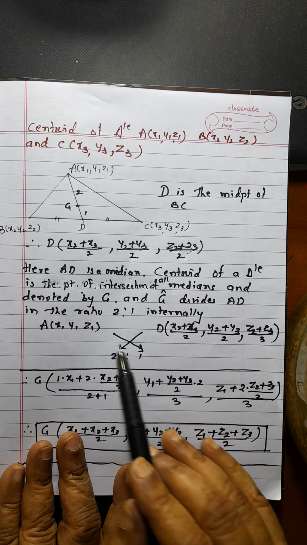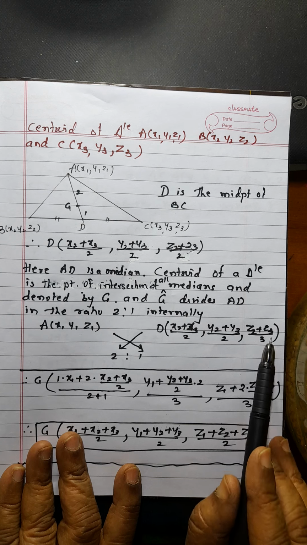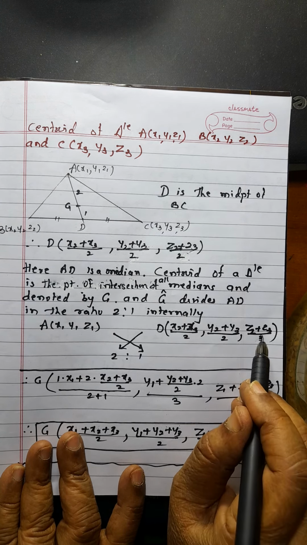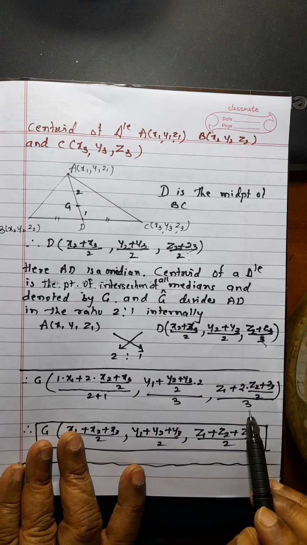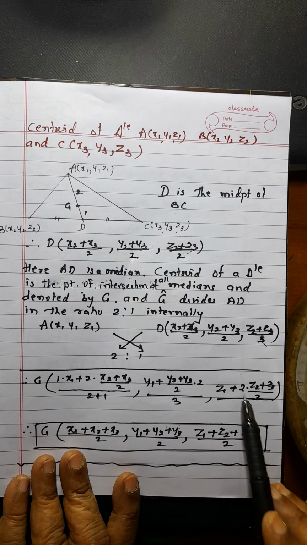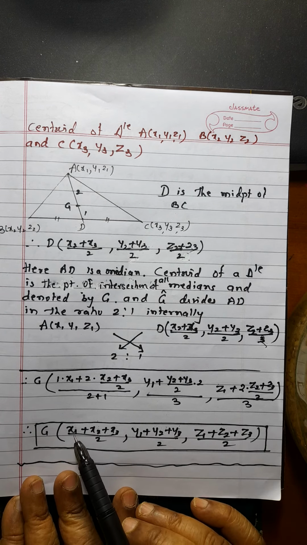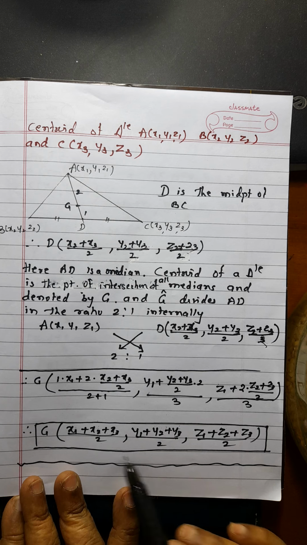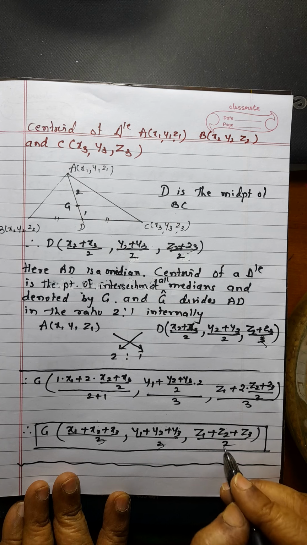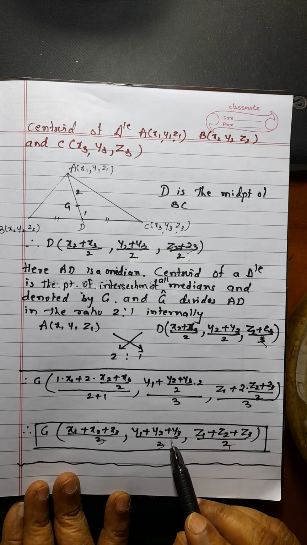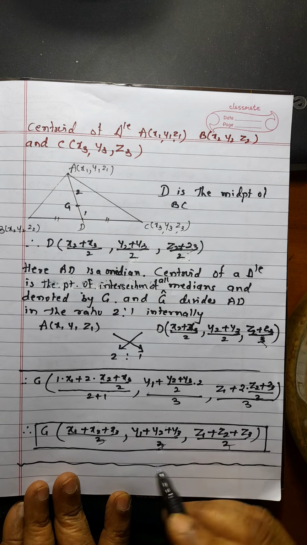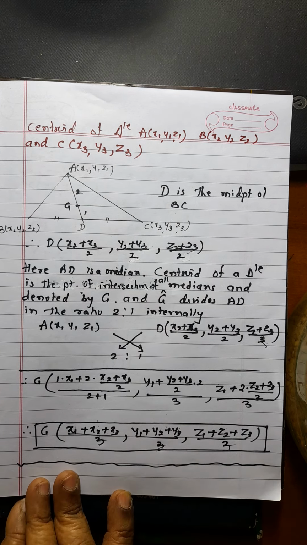The z coordinate will be z1 into 1 plus 2 into (z2 plus z3) upon 2, divided by this plus this. 2 cancels, here also, here also, and you will get (x1 plus x2 plus x3) upon 3, (y1 plus y2 plus y3) upon 3, and (z1 plus z2 plus z3) upon 3. This is the formula for the centroid of a triangle.